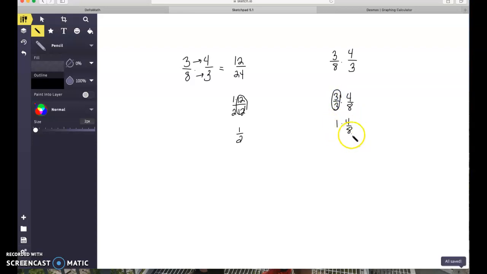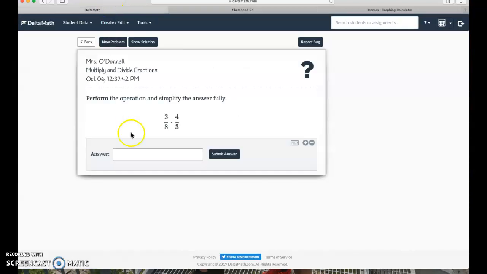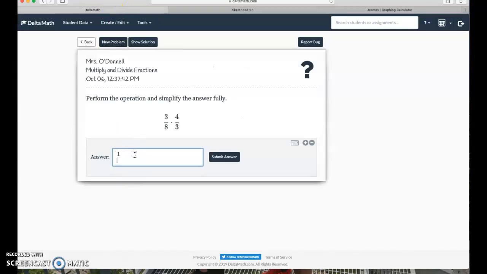And maybe at this point you might even see that 4 divided by 8 reduces to 1/2, right? 4/8 is the same as 1/2. You could still reduce it the same way, 1 times 4 over 2 times 4, and then say, hey, that's 1/2. But really you just multiply straight across. Okay, 1/2.